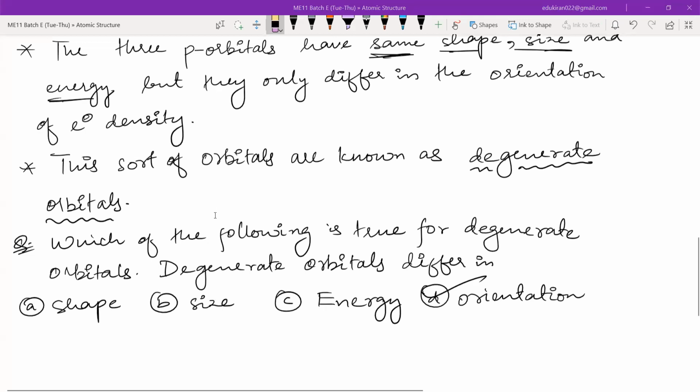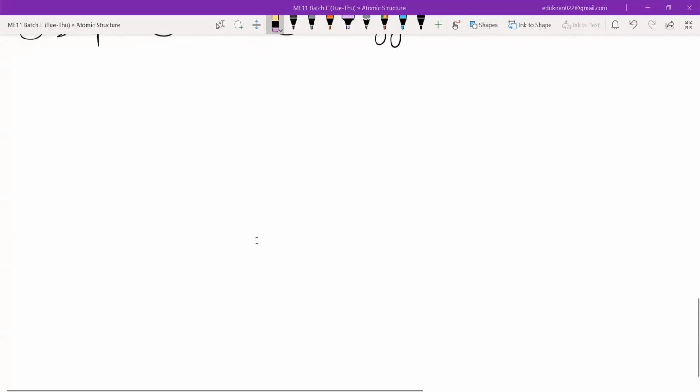Okay. So I guess you have written about the p orbitals also, right? Now write about d orbitals, d subshell. The d subshell, L is equal to how much?